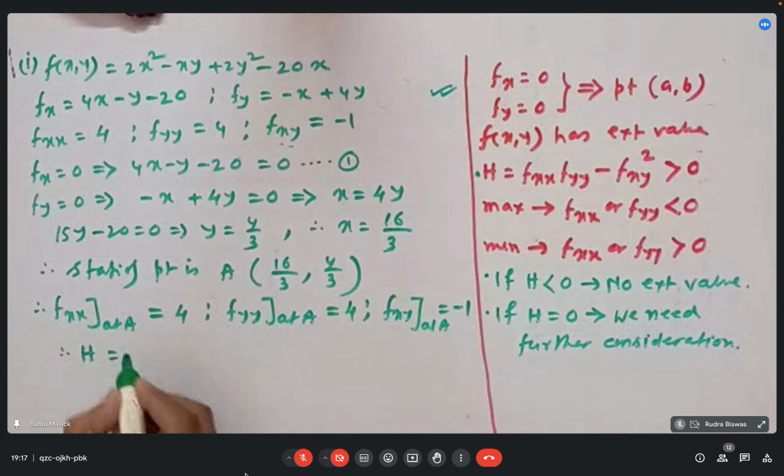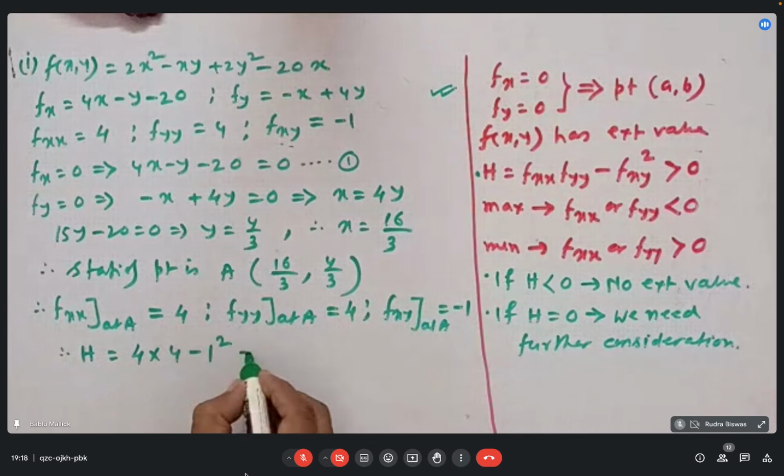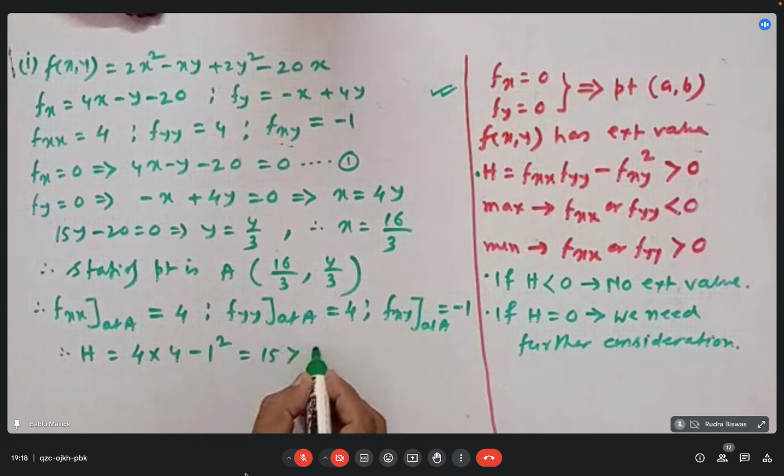Therefore h is equal to fxx into fyy minus fxy square, which is 15. It is greater than 0.